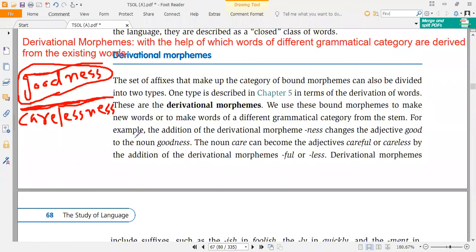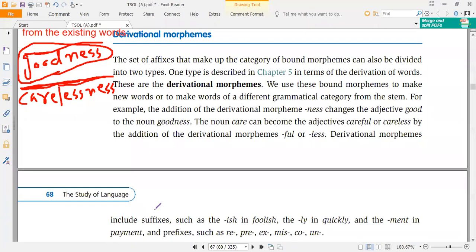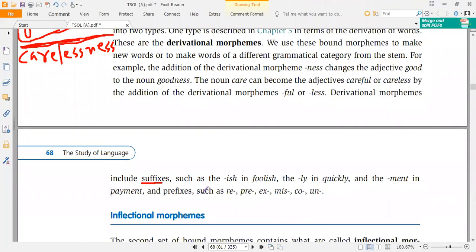They are either prefixes or they are suffixes. Prefixes means sabiqa and lahiqa.